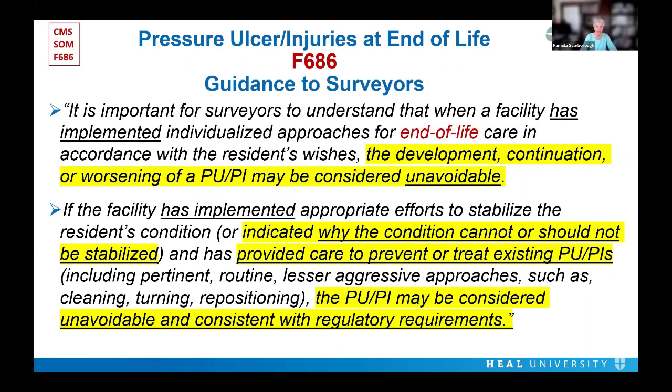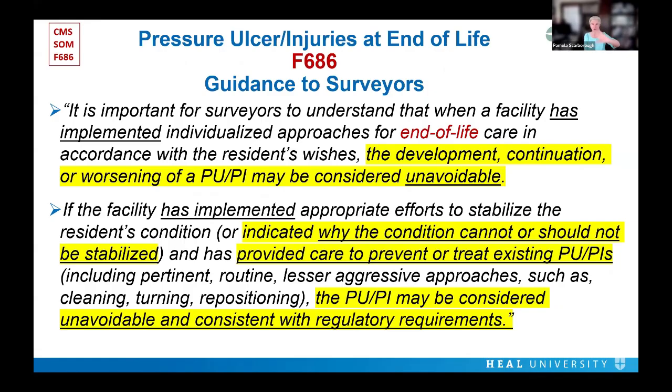It goes on to say in F686, speaking to the surveyors, that when a facility has implemented the individual approaches for end-of-life care in accordance with that resident's wishes, then the development, continuation, or worsening of a pressure ulcer injury may be considered unavoidable.